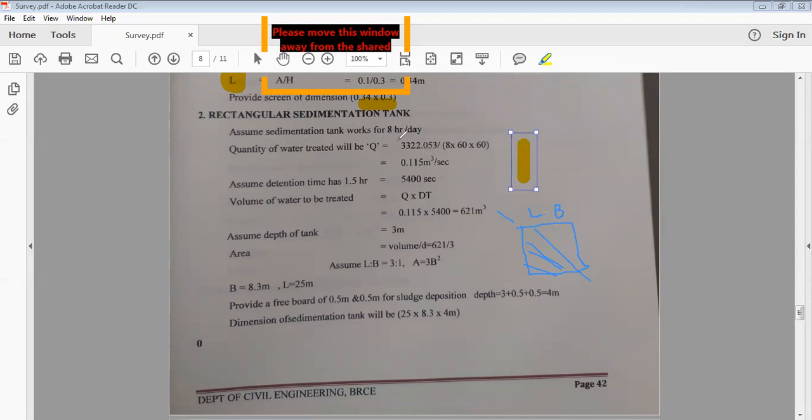This tank works for 8 hours. In water treatment, we divide the total flow by how many hours it is working, in terms of seconds. So we found this value.